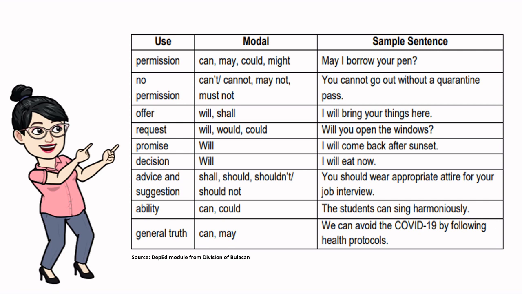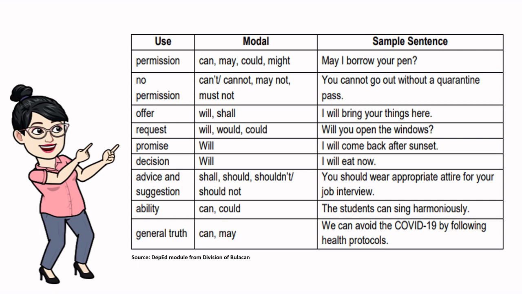Offer. Will, shall. I will bring your things here. Request. Will, would, could. Will you open the windows? Promise. Will. I will come back after sunset. Decision. Will. I will eat now.